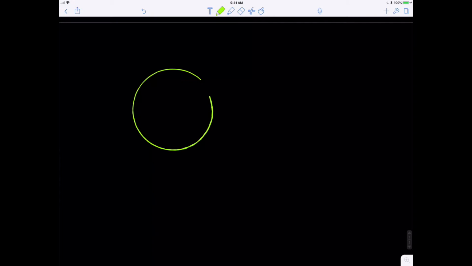I've got my cup handy and I'm going to place it about there, and draw myself a circle. Remember, this is a plastic cup to write on the iPad, and that little swish, if I try to erase it, erases my whole circle, so we'll just go with that.